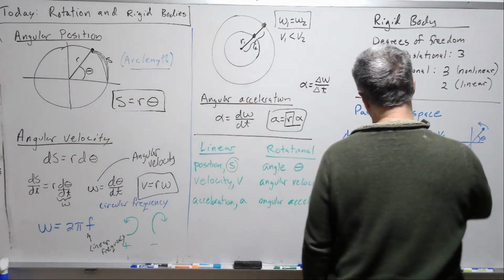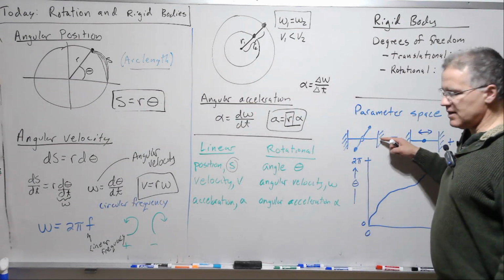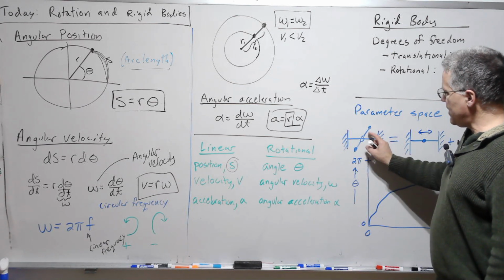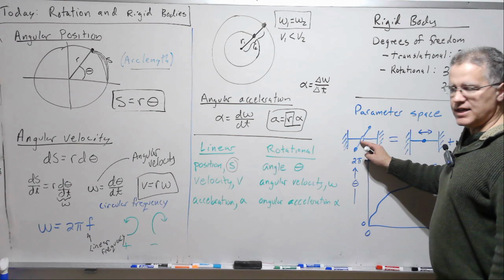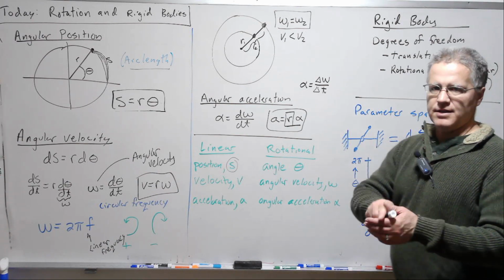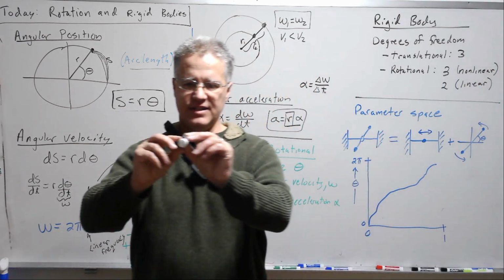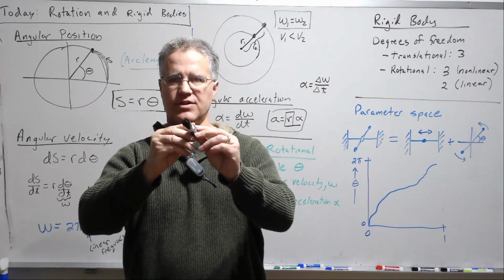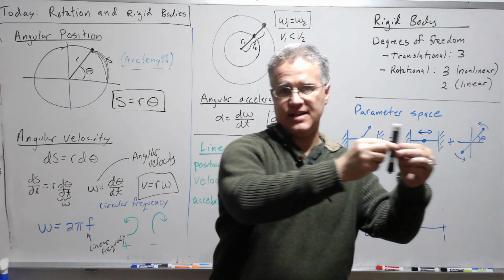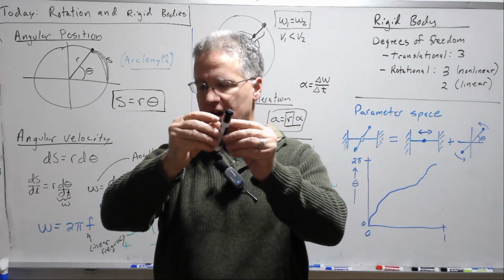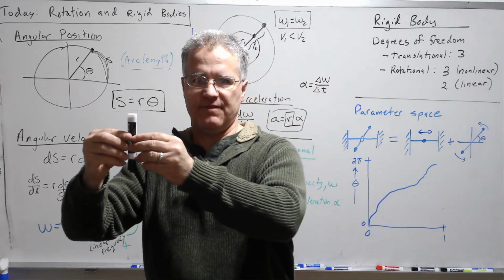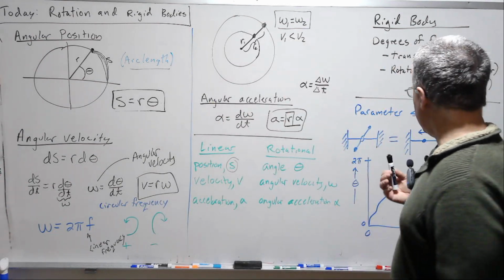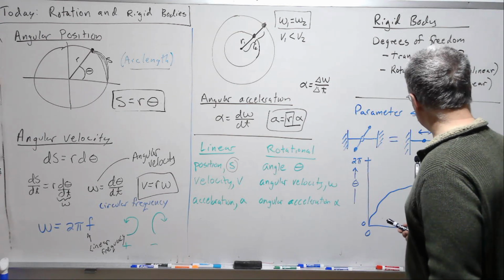So let's imagine we have this frictionless wire and this special setup where we've got 2 masses and a little ring here, and this is rigid, and the ring is pointing straight out at us like this, and it's free to rotate around, and then it's free to slide along, so it can rotate out at you and slide back and forth. Let's think about the degrees of freedom, and then the parameter space.